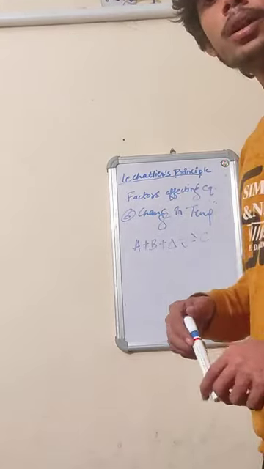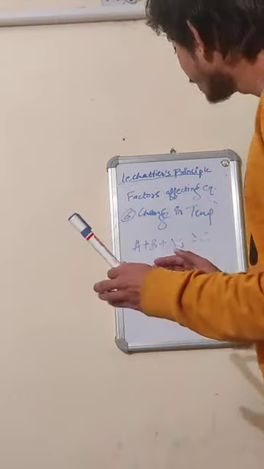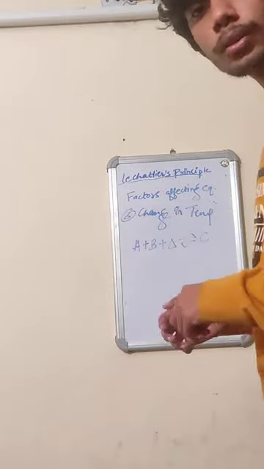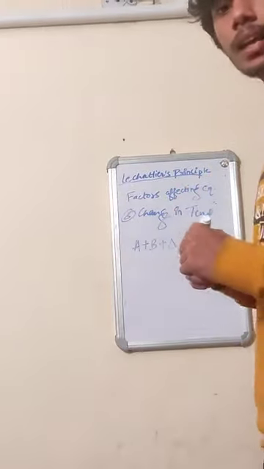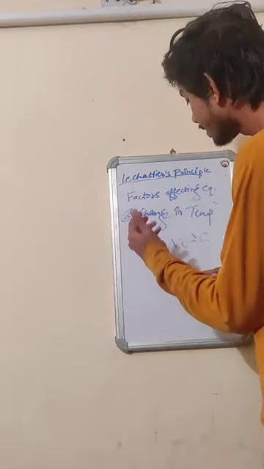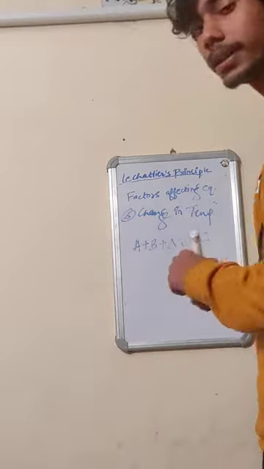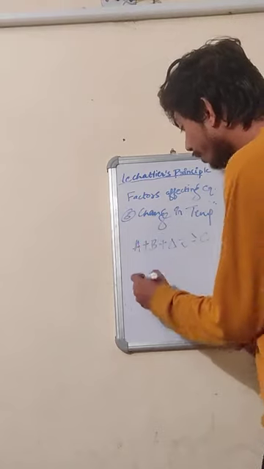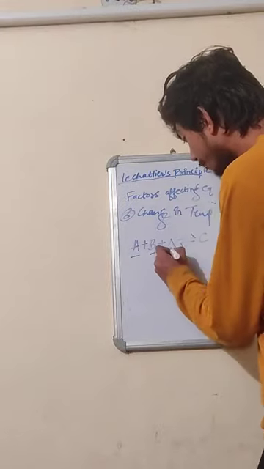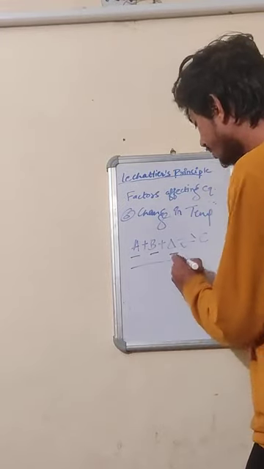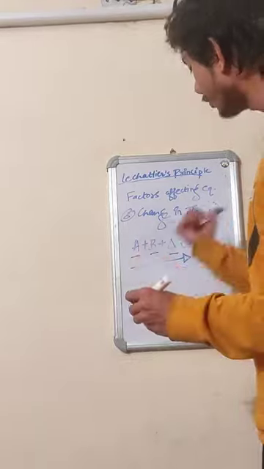So this is one rule: from the side from where the reaction seems endothermic, the equilibrium will shift towards that side. जिस तरफ से reaction endothermic लगेगी, reaction उसी तरफ forward करेगी. Let's see this example where there is A and B and delta. The reaction seems endothermic from this side, so the reaction will move in the forward direction.